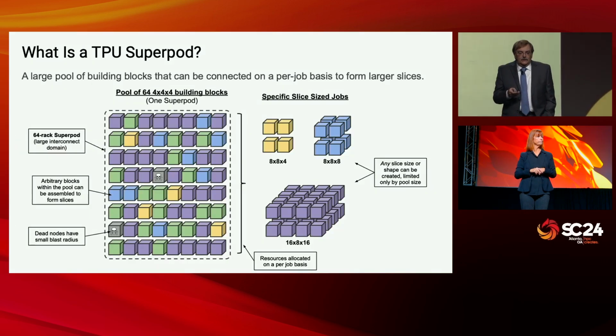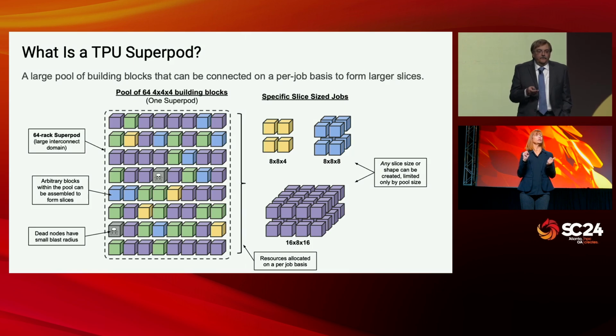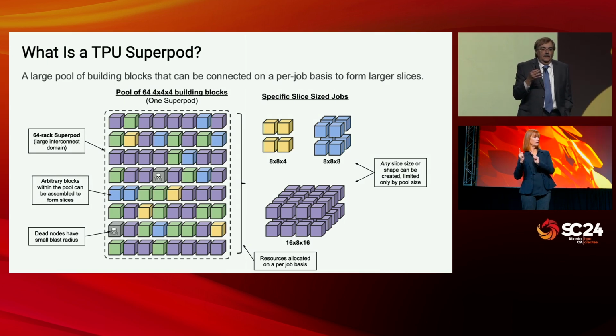So what's a superpod? Well, one of the issues is reliability, availability, and serviceability, and I'll be talking more about that later. But we also get jobs of different sizes. Someone may want an 8 by 8 by 4 arrangement of TPU chips to match their application.